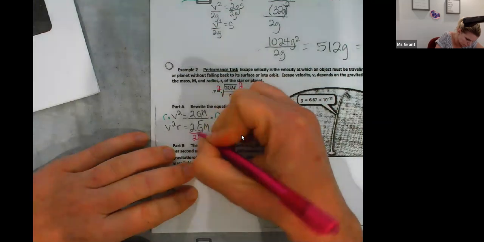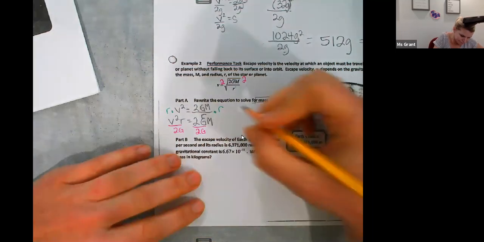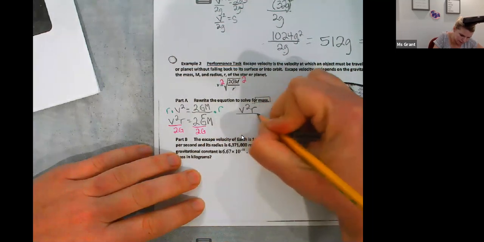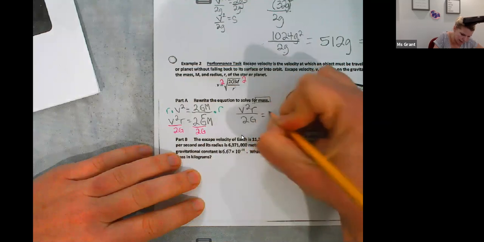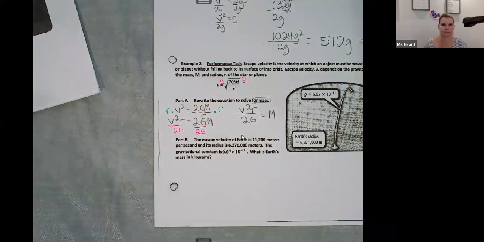They're all multiplied. 2 times g times m. Okay. V squared r divided by 2g equals m. So I've solved for mass, which is what I was asked to do. Okay.